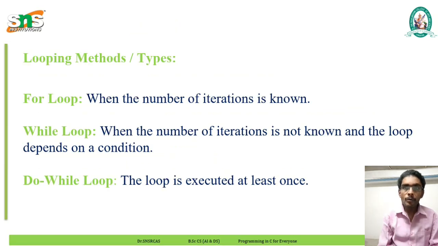And coming to looping methods or types, generally in the C programming language there are three types of loops, namely for loop, while loop and do while loop. The for loop is used when the number of iterations, or the number of times the block of statements is executed, is known at the beginning itself, whereas the while loop is used when the number of iterations is not known in advance and the loop depends on a condition.